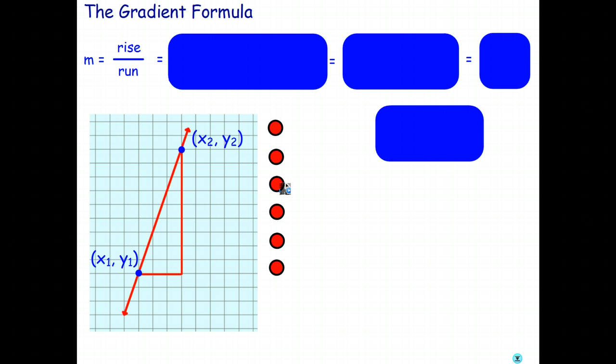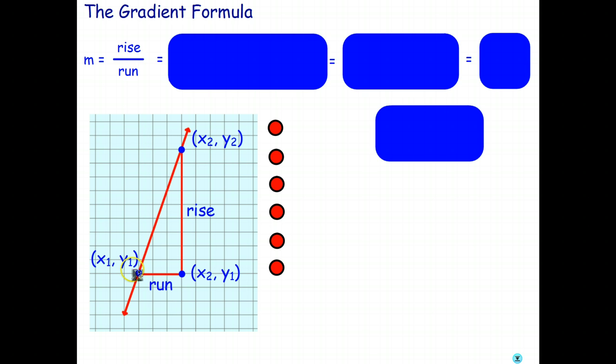Okay, so we draw the right angle triangle. The rise is that distance, and the run is that distance. To help us work out a formula, we need the coordinates of that point just there. It has the same x coordinate as that point, because x measures how far you are from the y-axis.